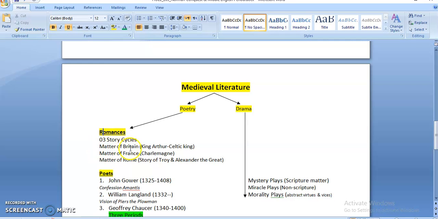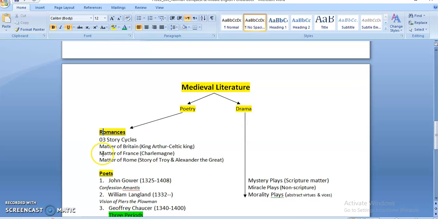One was the Matter of Britain, and these were the legends related to King Arthur. King Arthur was a Celtic king who fought against the Anglo-Saxons when they invaded England in the 5th century. So he was a heroic figure, and there were many tales and legends related to King Arthur. People modified those stories, and they put them into writing again and again.